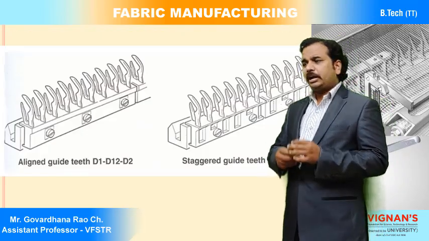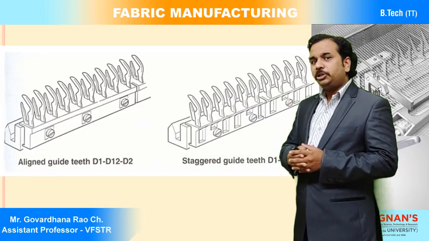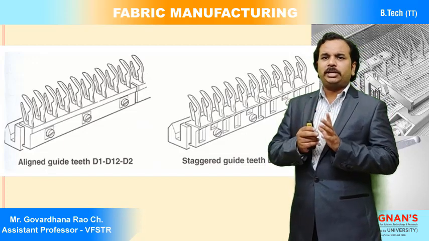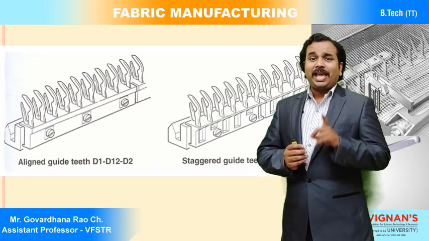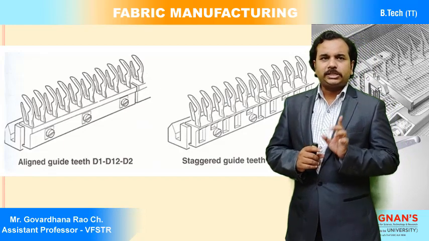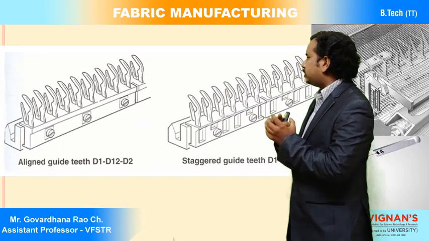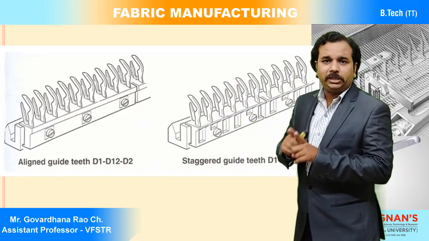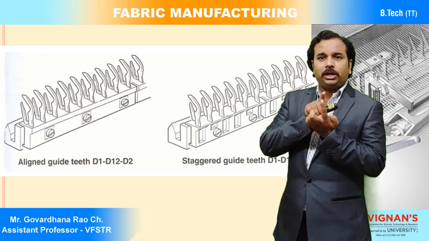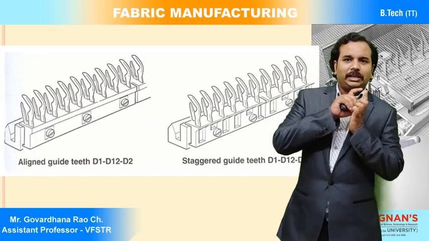There are majorly 2 types of guide teeth arrangements, with bottom guide teeth and top guide teeth. One is called aligned guide teeth. The second one is called staggered guide teeth. In the first case, you can observe that the bottom guide teeth are on the exact axis of the top guide teeth, so both the top and bottom guide teeth are placed in the same axis.